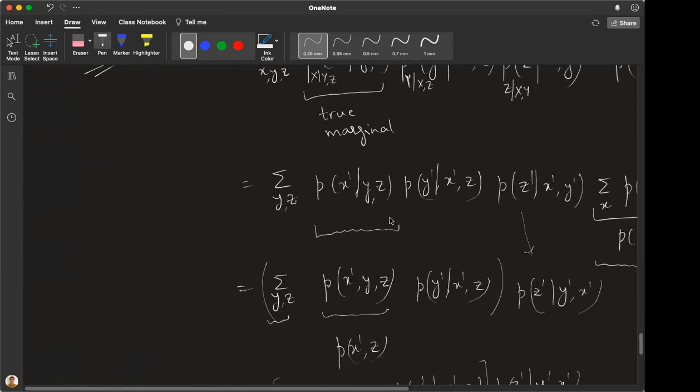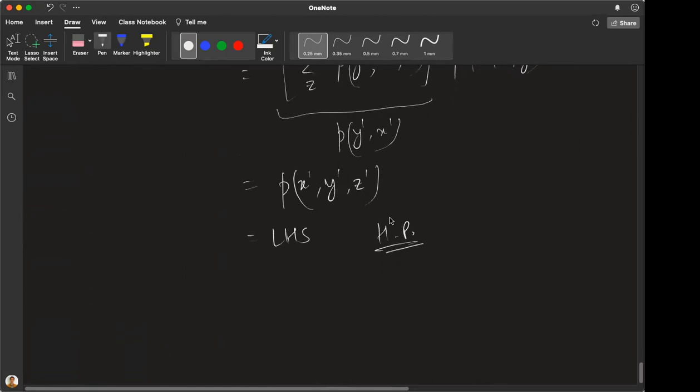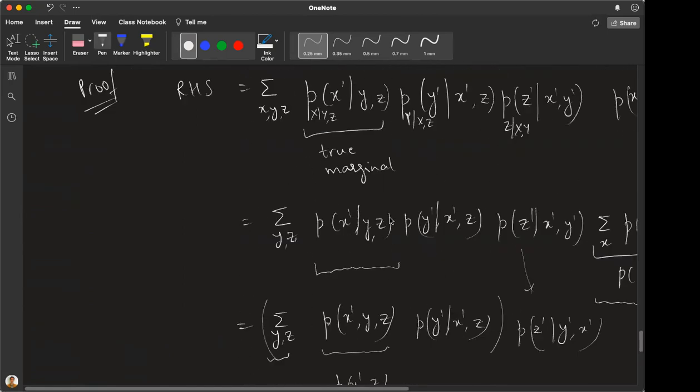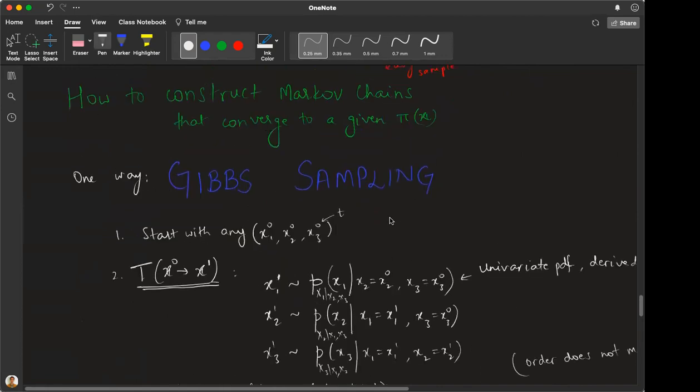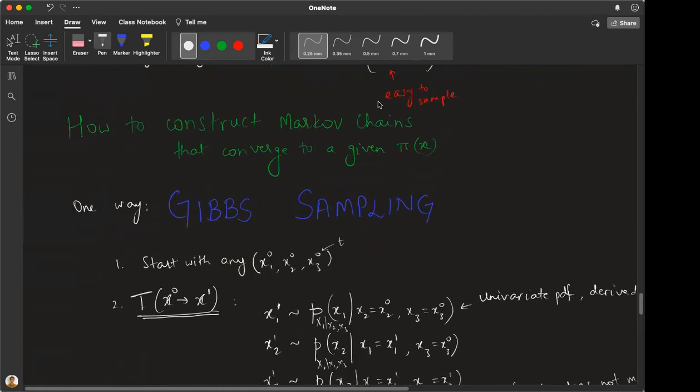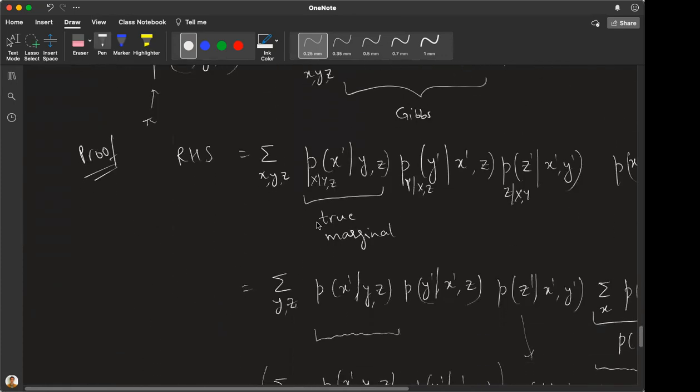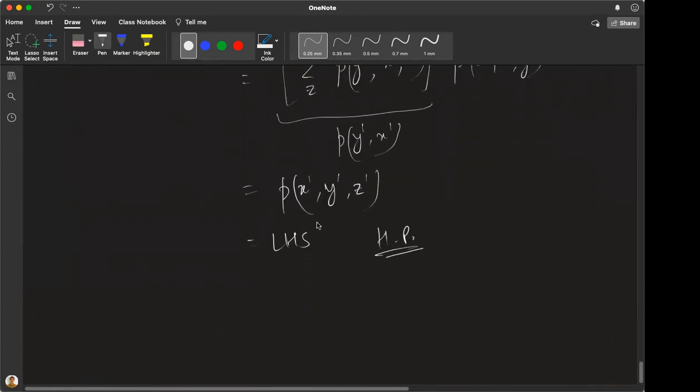So we have successfully found one such procedure which constructs a Markov chain to converge to a given pi. Any questions here?